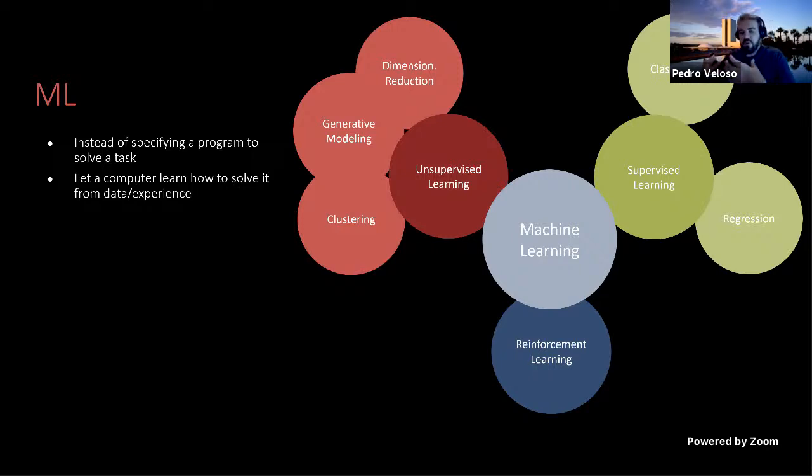Instead of going there and programming, saying I'm going to generate the chair using a parametric model, or creating certain logic and using scripting to generate a catalog of chairs, machine learning allows you to train a computer to learn how to solve it. Instead of creating the logic to generate the chair, you use data or simulations. You extract data from simulations, and you train a computer to generate chairs for you.